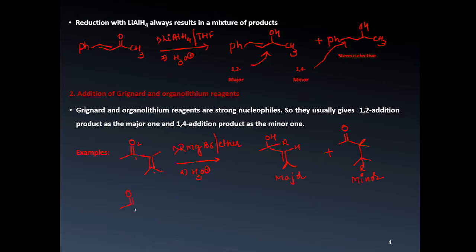So another example. In presence of organolithium and in presence of pentane solvent and water, here R minus comes and attacks the carbonyl group and formation of O minus, it abstracts a proton from the medium and formation of OH, 1,2 reduction will take place.